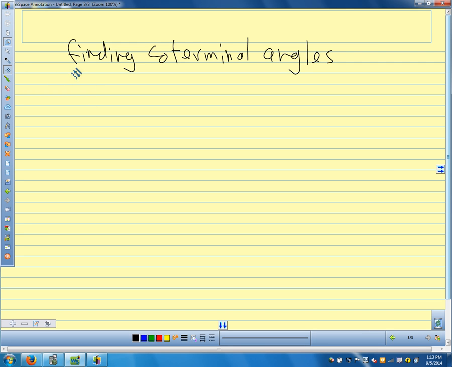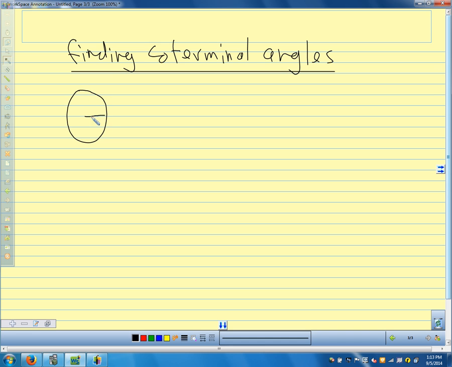And Jameson gave us an idea of how we find coterminal angles. So if we're on a circle here, and I have an angle in standard position, and here's my terminal side, what would make a coterminal angle with this one? How far around would I have to rotate this angle for the terminal sides to be in the same place? 360 degrees, or in radians? 2 pi.